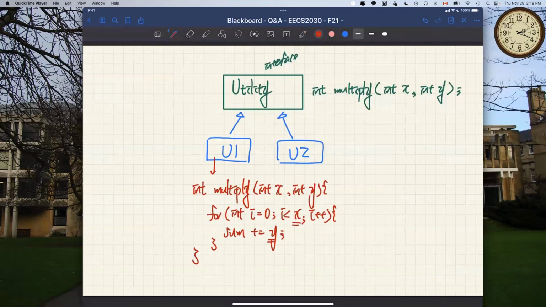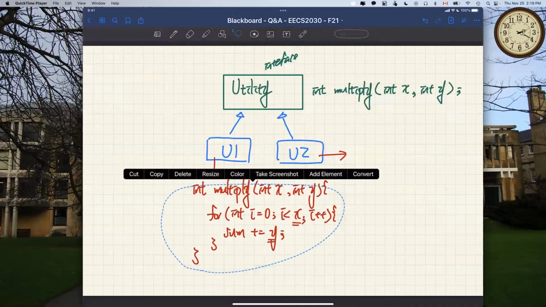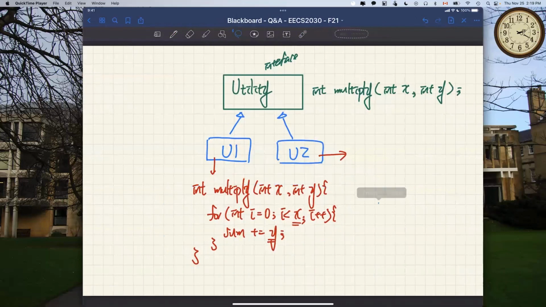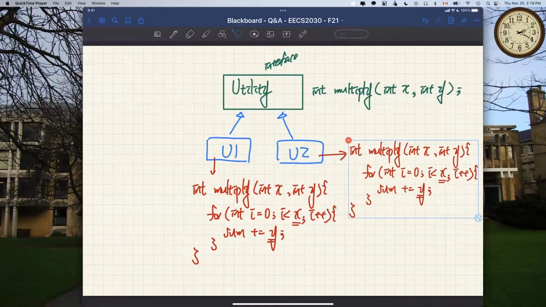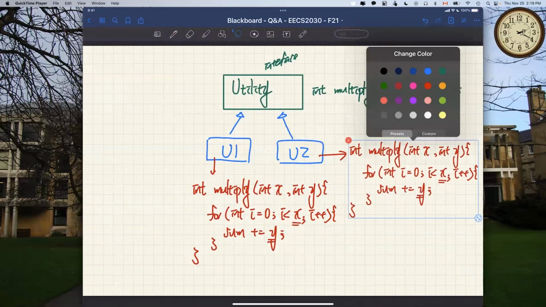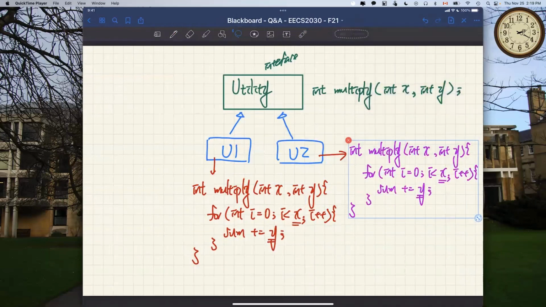And let's say for u2 you can do something very similar. I'm just trying to show you the idea syntactically. Let me put it here in a different color, purple. In this case, they implement that a little bit differently, so this can be y and this can be x.